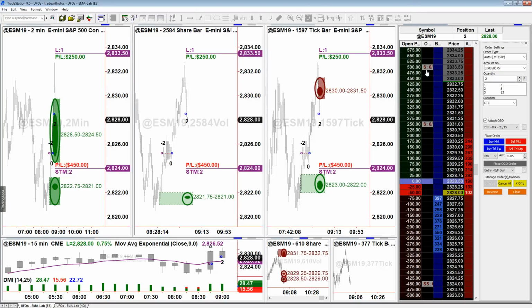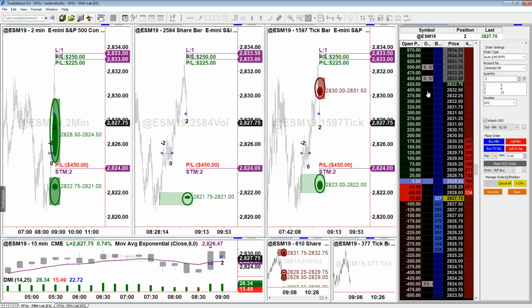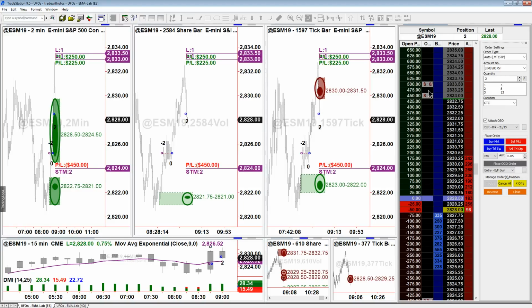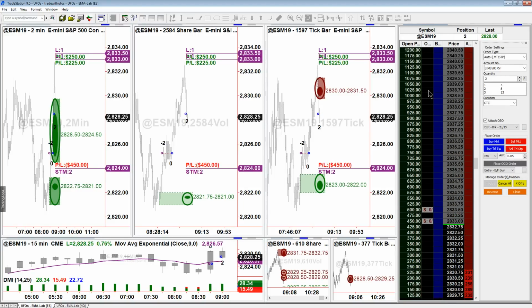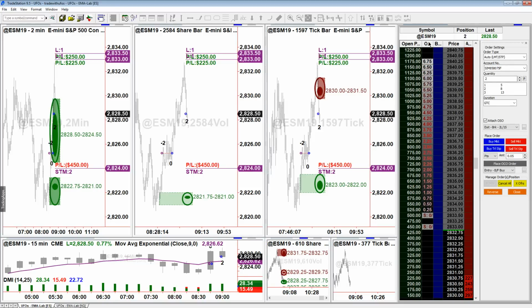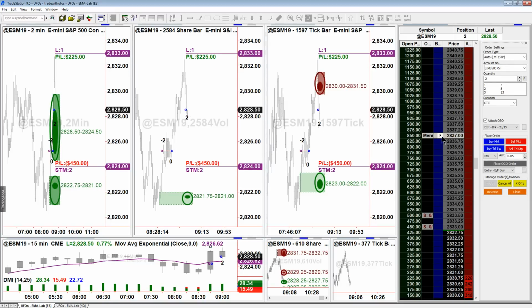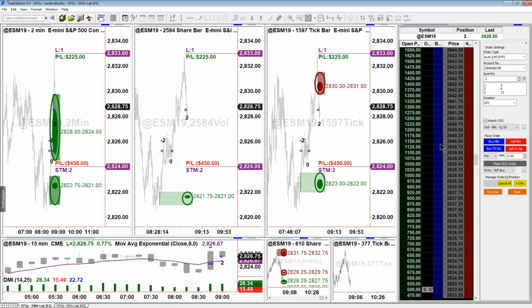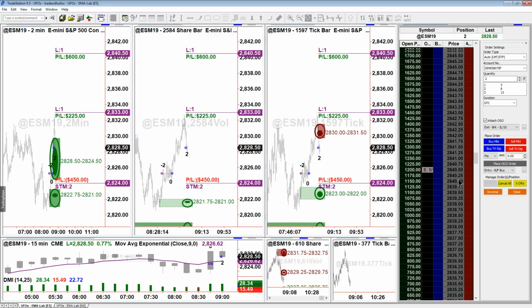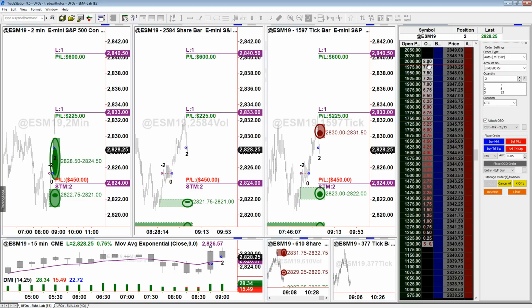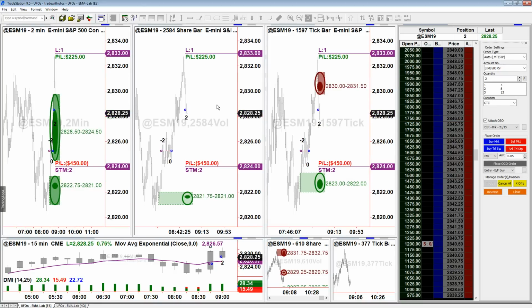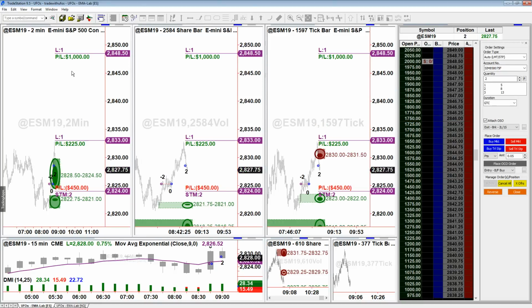And then my final target, so we're in the trade, guys. My final target, we said, is gonna be 2848.5. So I got some scrolling to do. Hopefully you guys are with me on setting up this trade. Here we go. 2848.5. Okay, so I got my trade.